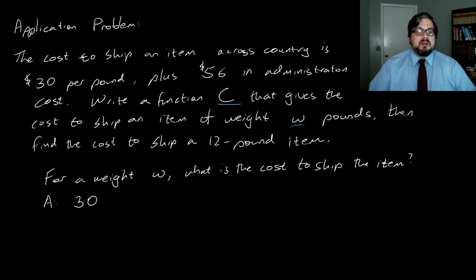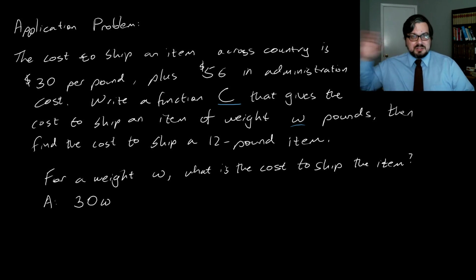We're going to take our $30, which is our cost per pound, times our W, the number of pounds that our item weighs. And a lot of times the easiest way to make sure that what you've got makes sense is to think of it for certain specific cases. So ignoring the $56 in administration costs for the moment, we'll handle that in a second.